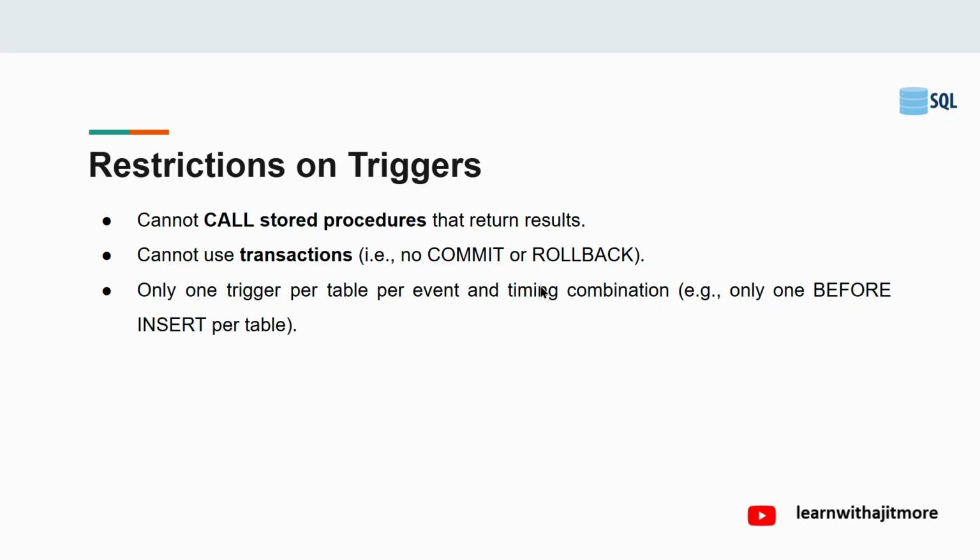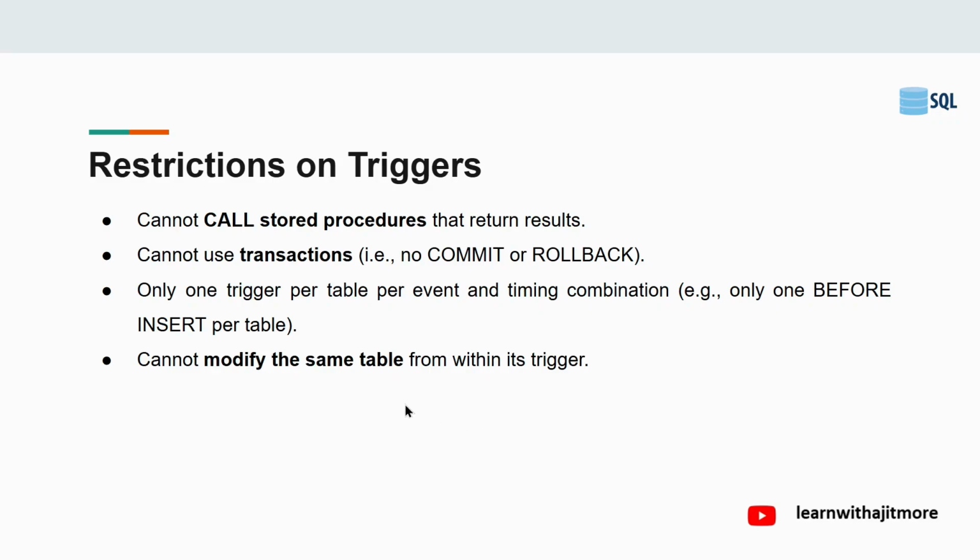That is the combination of before insert, before delete, after insert, after delete, and before update and after update. Only these 6 combinations on one table. So you cannot have multiple for the same event. Like before insert on that table, and again one more trigger you wrote before insert on the same table is not possible. Okay? So only one trigger per table per event and timing combination.